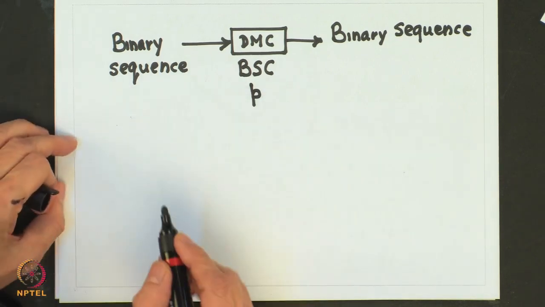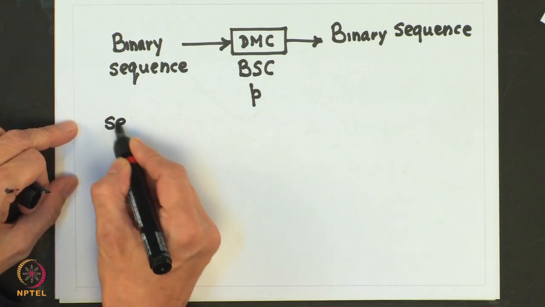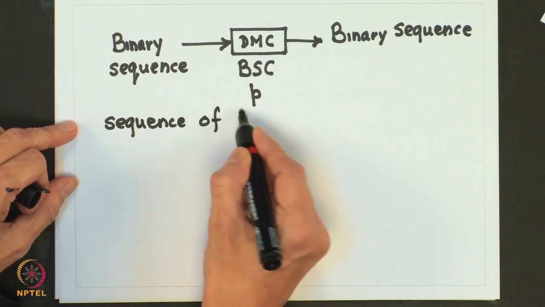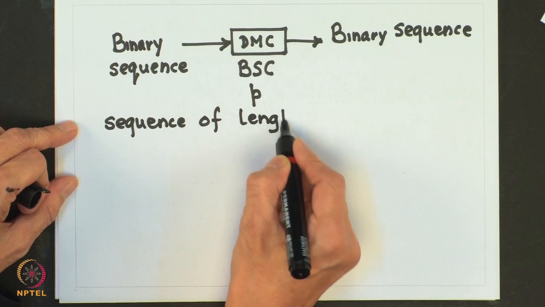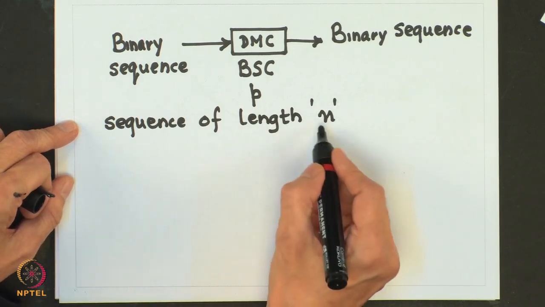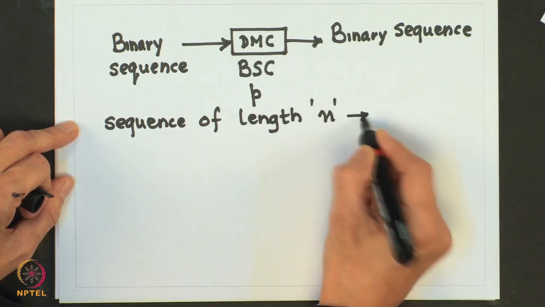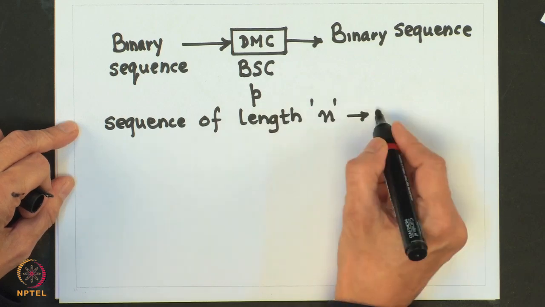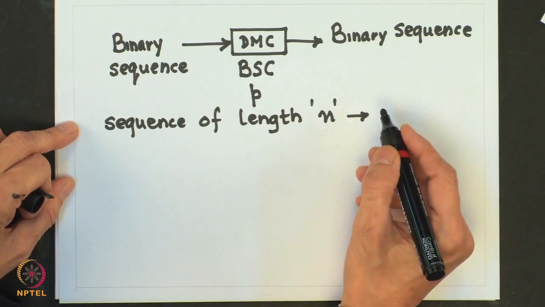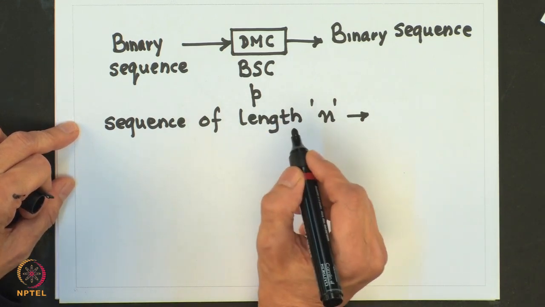So, what this means basically is that if I have a sequence of length n, and if n is large, then the probability of error for each binary digit is p, correct.